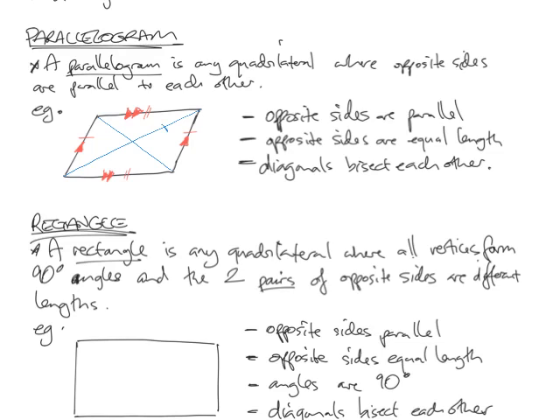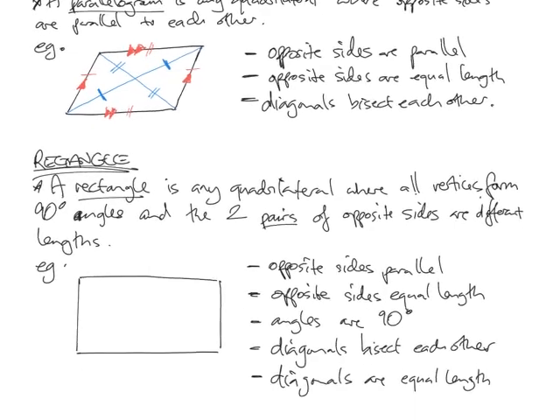That means that this side of the diagonal is the same length, it's been cut in half, as that side, and this diagonal here is going to be cut in half as well. That's going to be the same length as the other section of the diagonal. They're not necessarily the same lengths when bisected as each other. That comes later in a different kind of special quadrilateral. So that's a parallelogram to start off with.